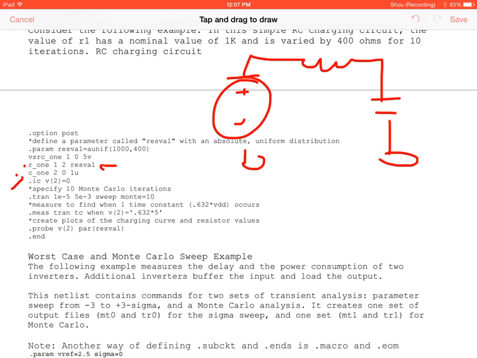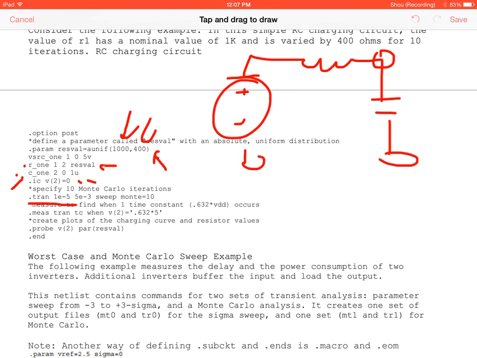So our resval value is our uniform distribution. It's initially 1,000 ohms, but it can be varied by 400 ohms. And we set our initial value of V2, which is here, to 0. We have no voltage stored on the capacitor.